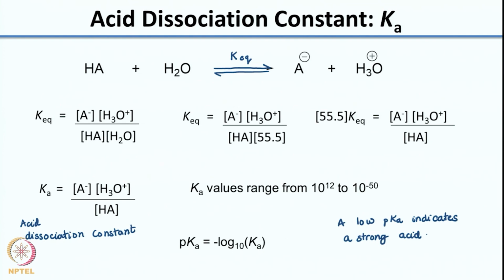Especially when you are trying to compare two acids, you can compare their pKa's, and the one with the lower pKa would be the stronger acid, and that makes sense because pKa is nothing but minus log to the base 10 Ka. So that is quite straightforward and easy to understand.